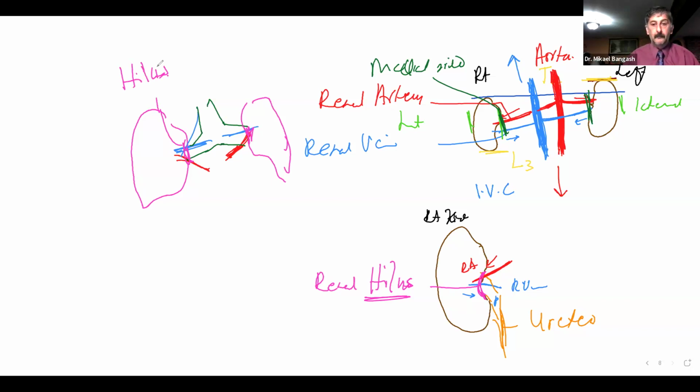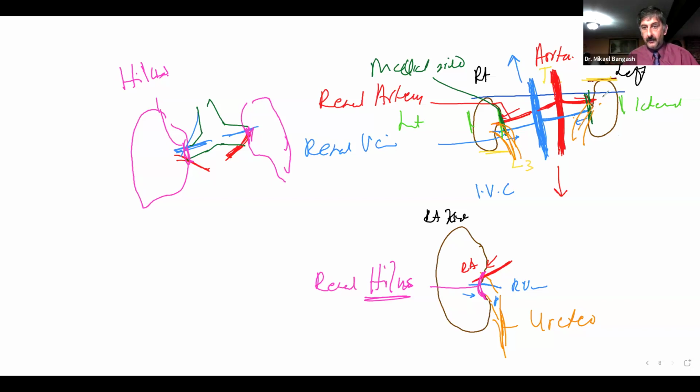So on both kidneys, on the medial side is the point through which the arteries will enter, the vein will leave, and the structure which in the kidneys we call the ureter will be leaving as well.